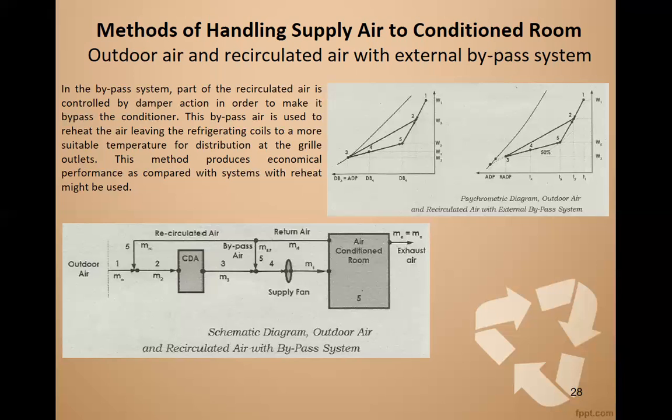So instead na reheat coil, yan ang gamitin mo pag kaya. Pag hindi kaya, so mag-reheat coil ka. This method produces economical performance as compared with system where reheat might be used. Okay? So dito, mag-additional ka lang ng lock. Wala yung reheat. Pero yung picture, kung ito gamitin mo, hindi naman kaya, so mag-reheat ka.